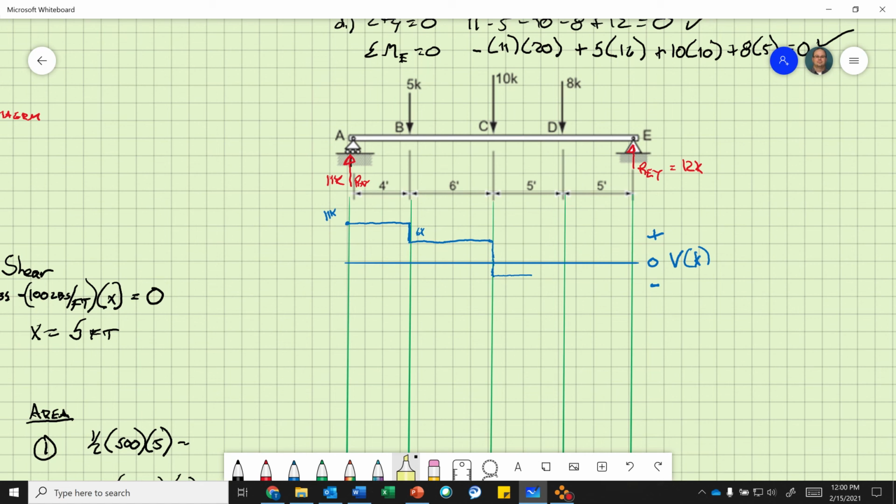Because remember, this line right here is 10 kips long. This line here is 5 kips long. I'm just subtracting, right? It's a summation. 11 kips minus 5 is 6 kips. Minus 10 is -4 kips.